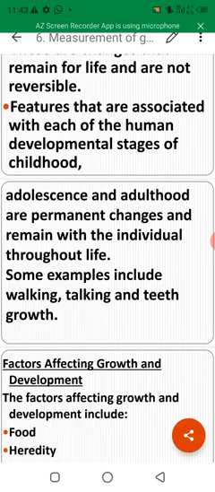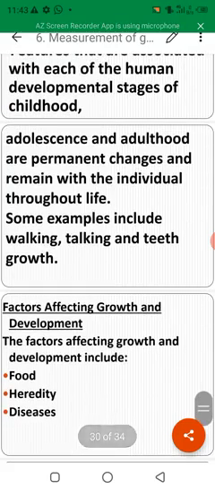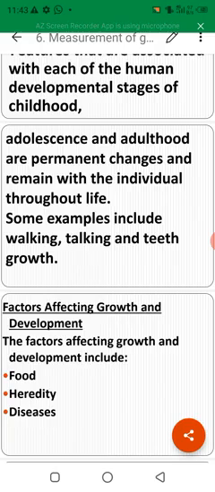Some examples include walking, talking, and teeth growing.